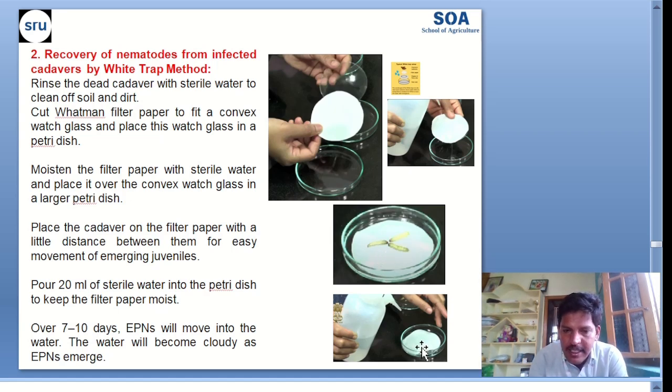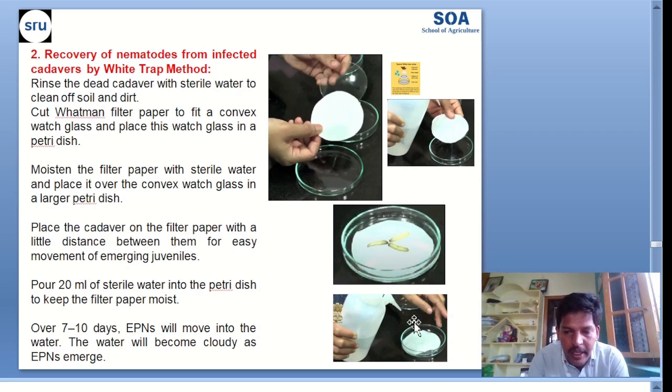Over 7 to 10 days, EPN will move into the water and the water will give the appearance of cloudiness. It indicates the nematodes emerged from the waxworm larvae. Like that, we can recover entomopathogenic nematodes from the cadavers of the waxworm.